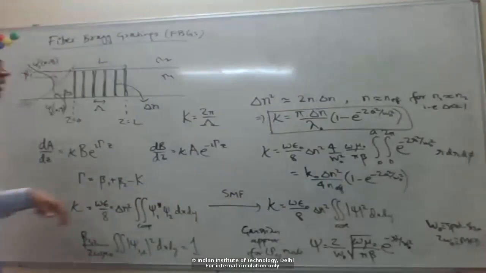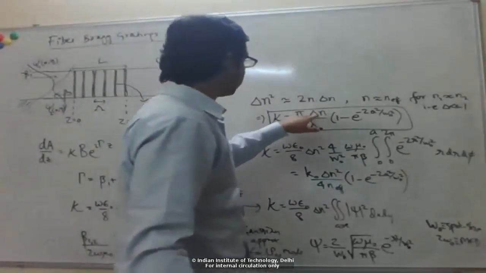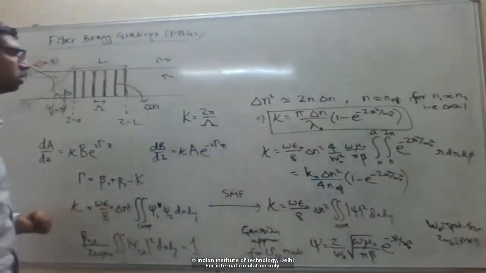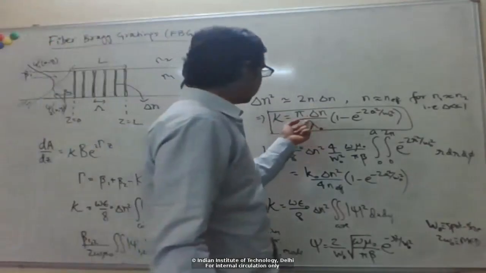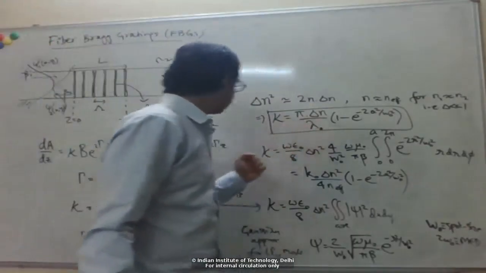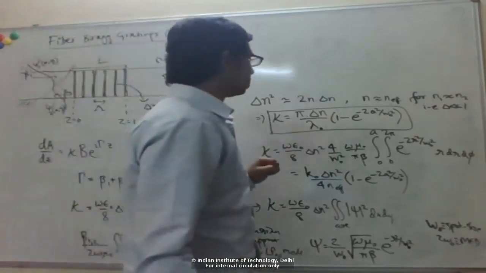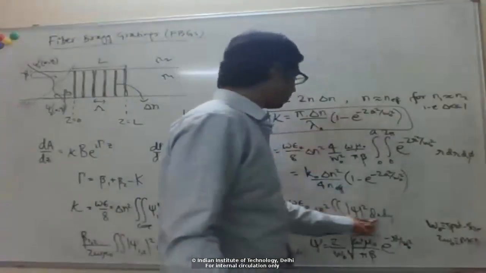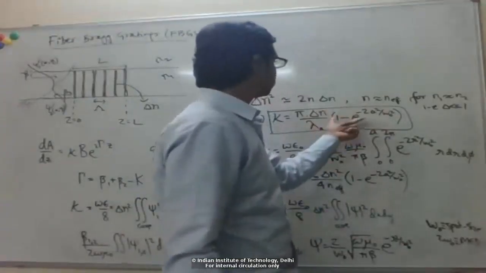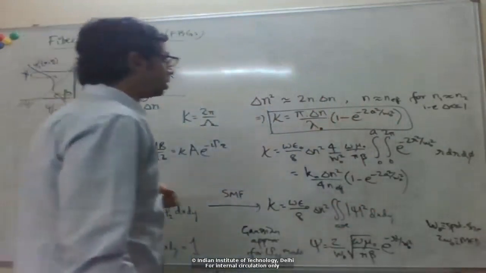Okay. So here we can directly see the coupling coefficient depends on the amount of index change that we get, delta n, and then is inversely proportional to the wavelength at which the Bragg condition is satisfied. And this factor is giving me the confinement factor of the mode. So this factor is always less than 1, the percentage of power in the core.